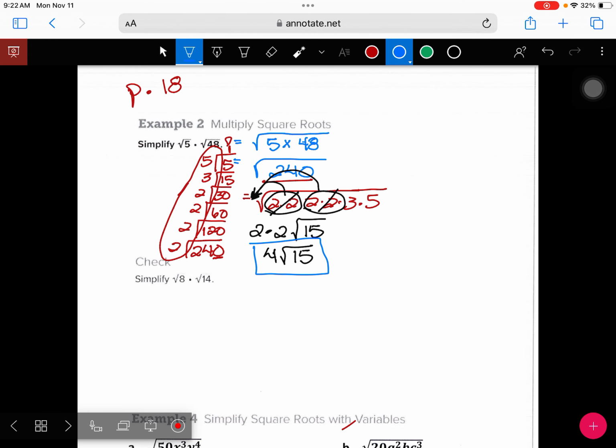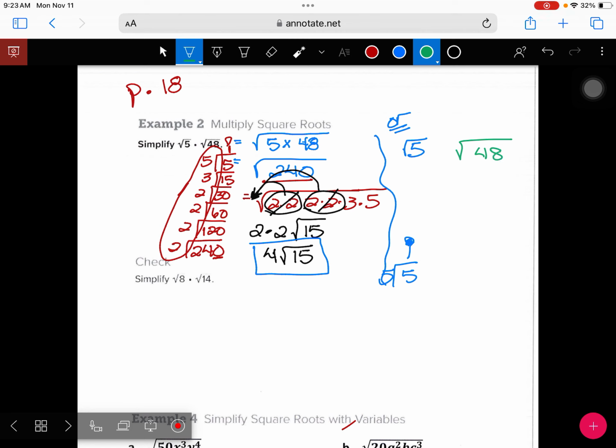You also could have done this separately and said square root of 5 times square root of 48. Done the cake method, okay? Let me just show you really quickly. I could do the square root of 5, which with the cake method is just 5. Square root of 48.